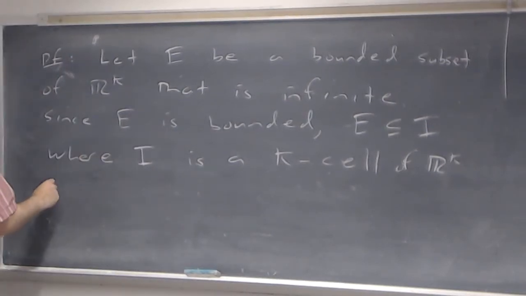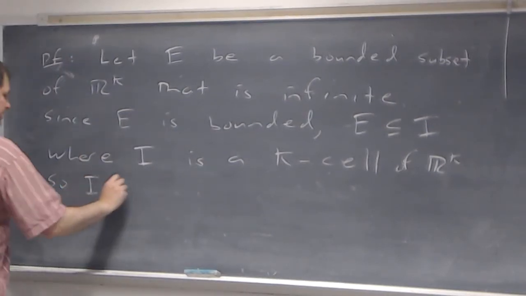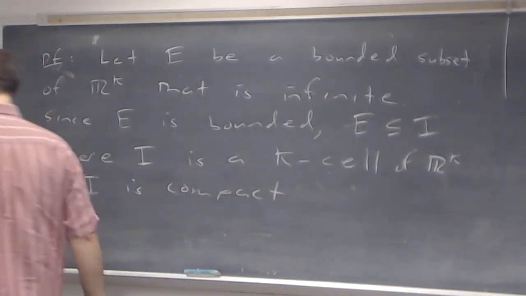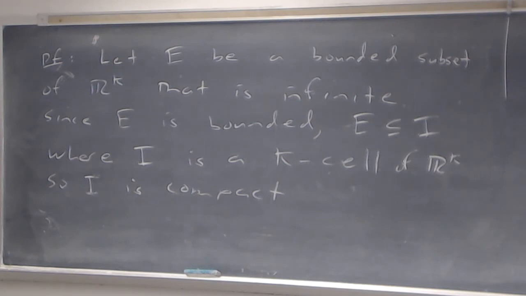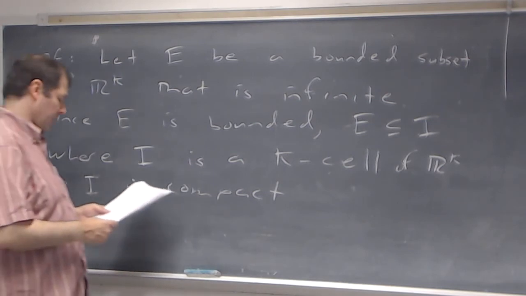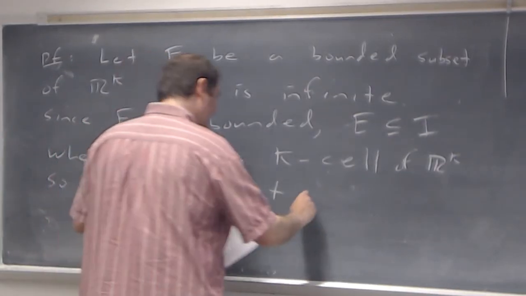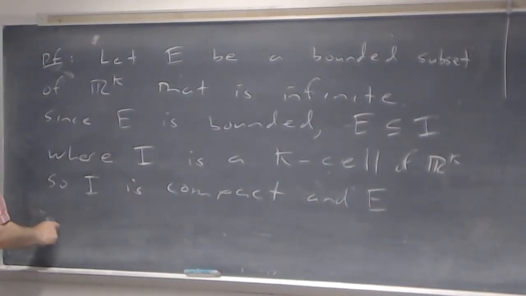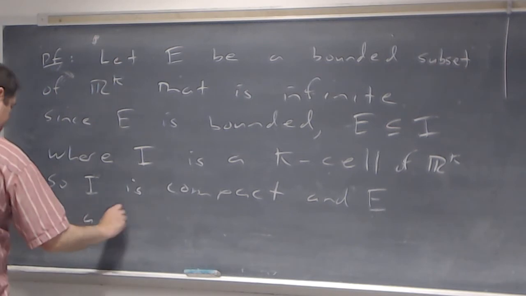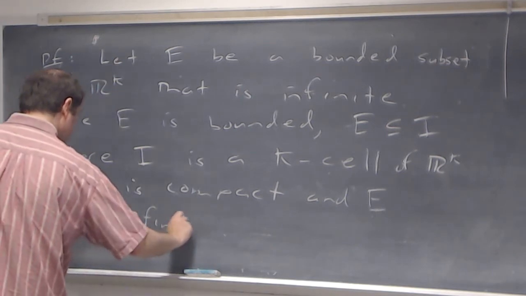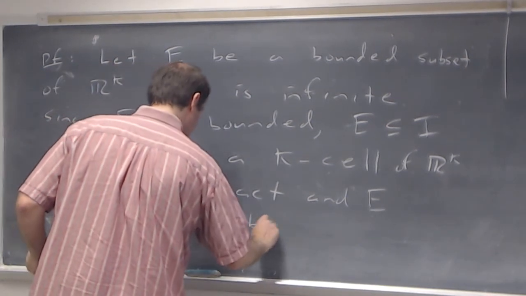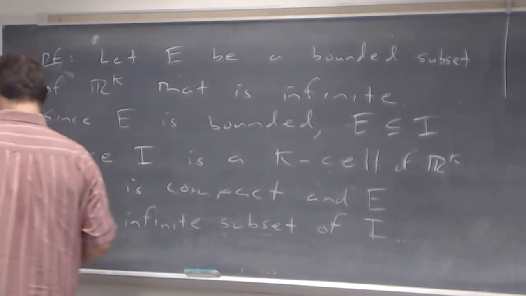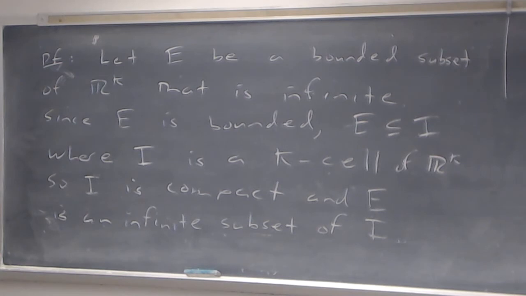So we know that k-cells are compact, so I is compact. And E would be an infinite subset of I, or of a compact set.